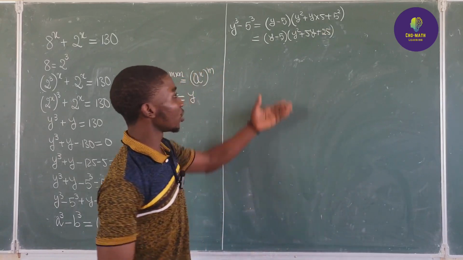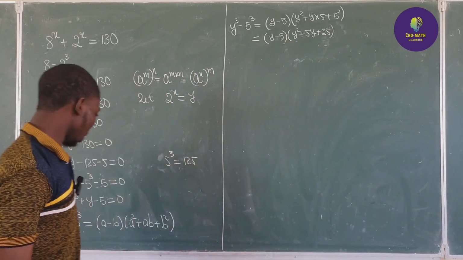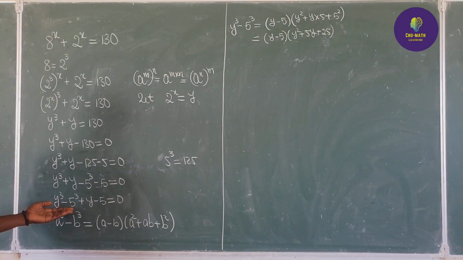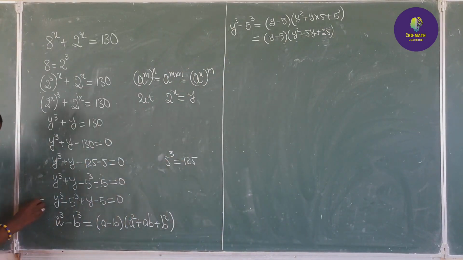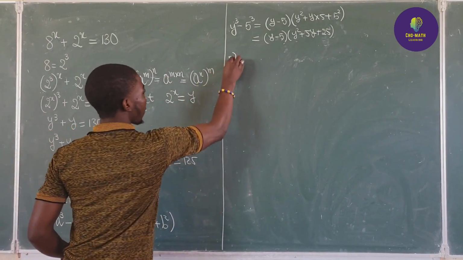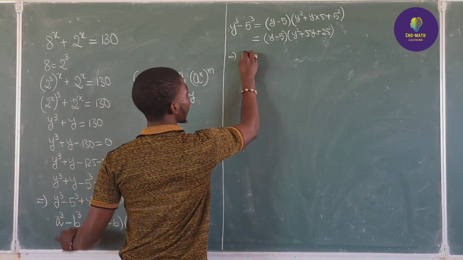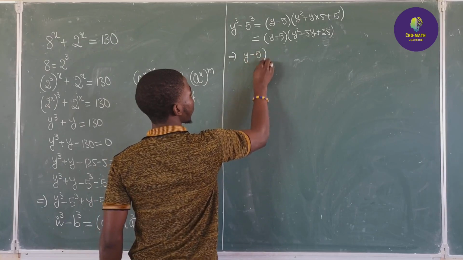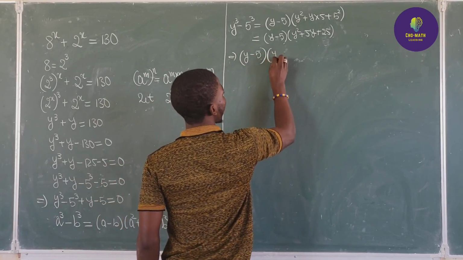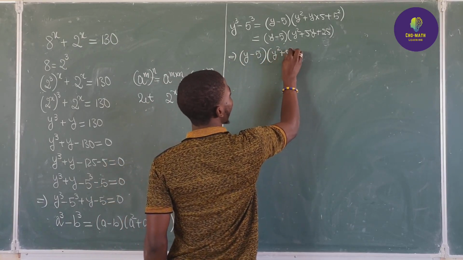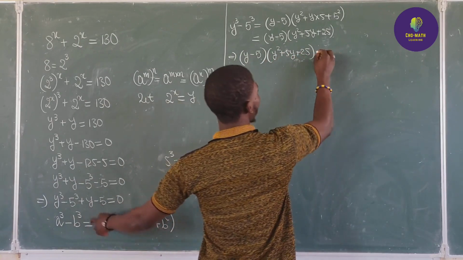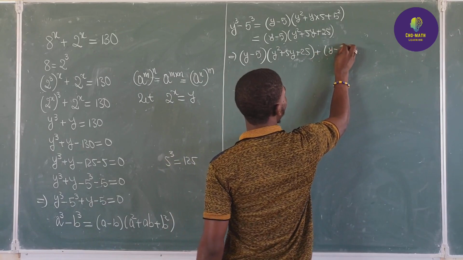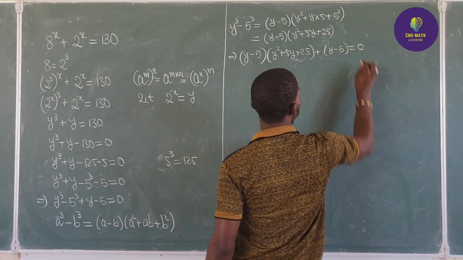Now we're going to replace this expression into this equation here. So coming back to this here, we take this y minus 5 into y squared plus 5y plus 25 plus y minus 5 will be equal to 0.